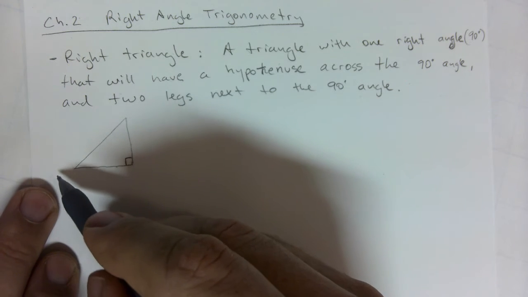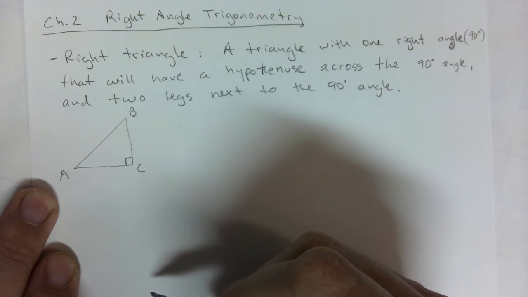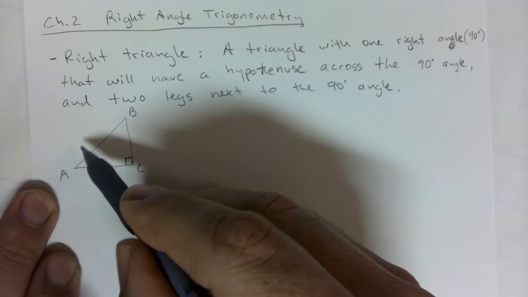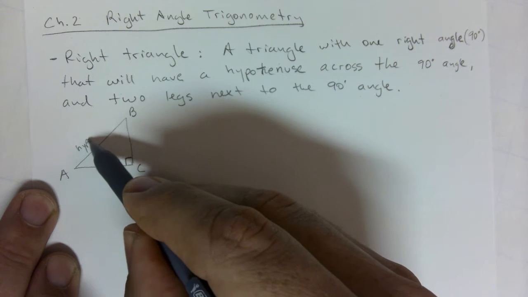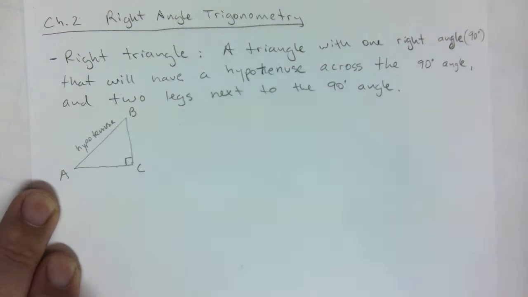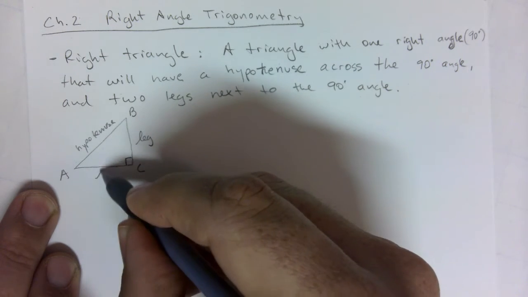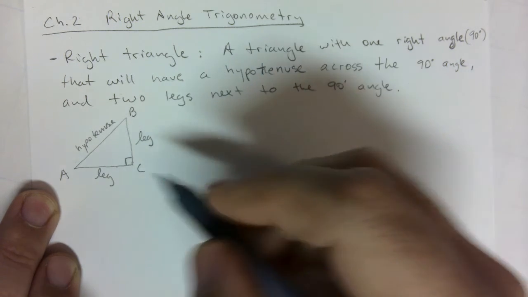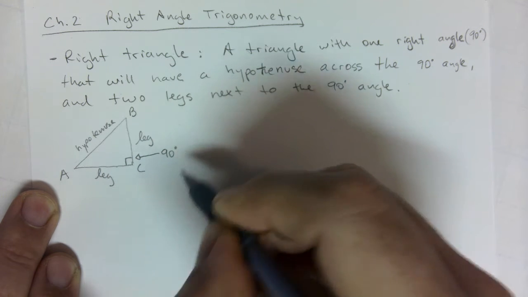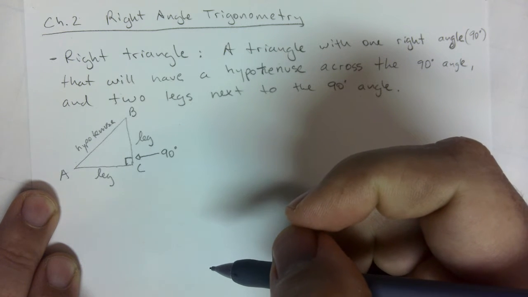And we usually have A, B, and C. Across from the 90, this side is referred to as the hypotenuse, which I'm sure you already know. The longest side is the hypotenuse. So this would be a leg, and this would also be a leg here. And this angle here is the 90-degree angle, denoted by a little box around it. Then we know it's a 90.